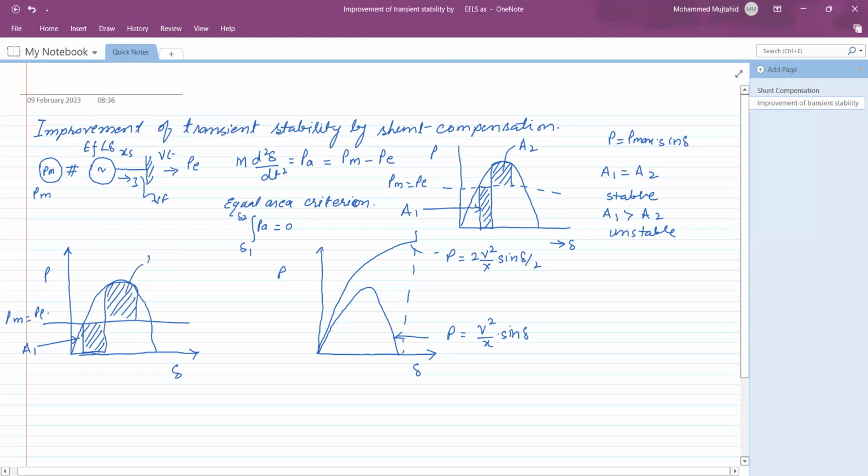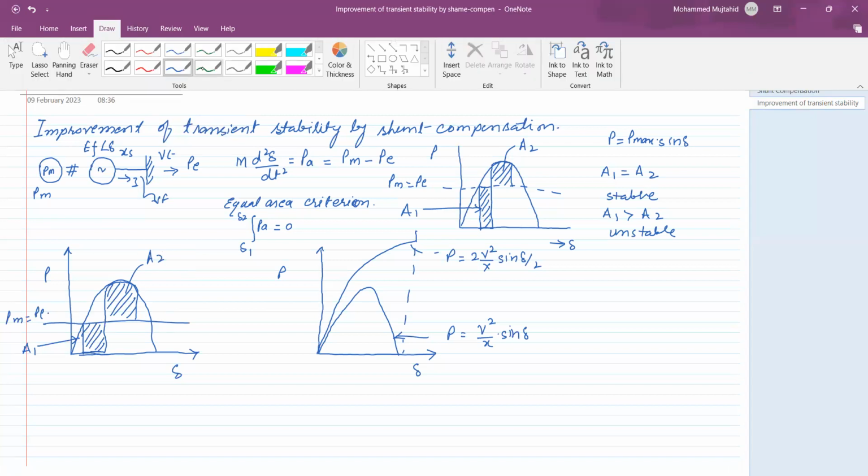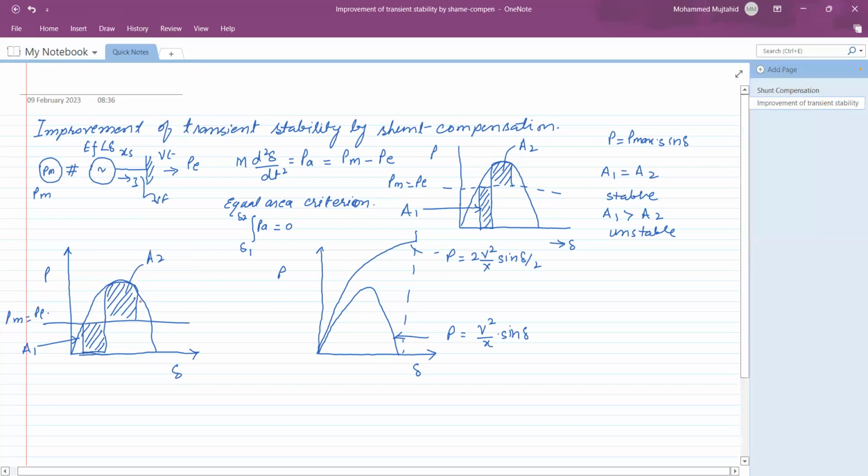Same thing is there, area A2. So this is the area margin. This is the marginal area by which the system may improve. So more area is there.